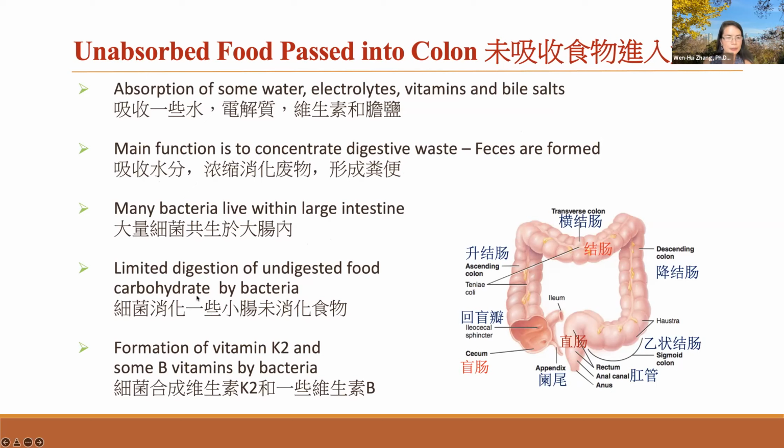The bacteria digest the undigested food, using it as their food. Mostly it's carbohydrate, and they produce some vitamins, especially vitamin K2 and some vitamin B. The amount of bacteria in the large intestine is very high, and they also help with our nutrient production and absorption.